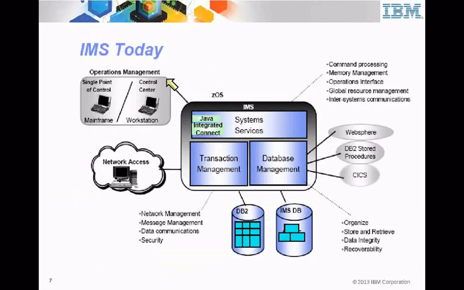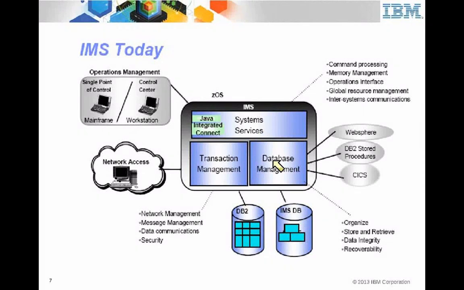So when they're pointing out IMS today, they're just pointing out that Java works well in this environment. And with Java, they've actually made administration a little bit easier. And the other thing that they're pointing out here is that the transaction manager of IMS can actually use DB2 as a data source.